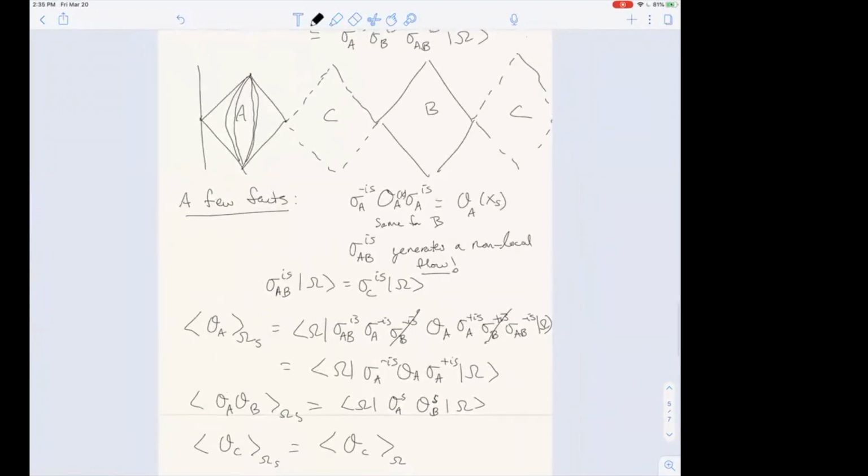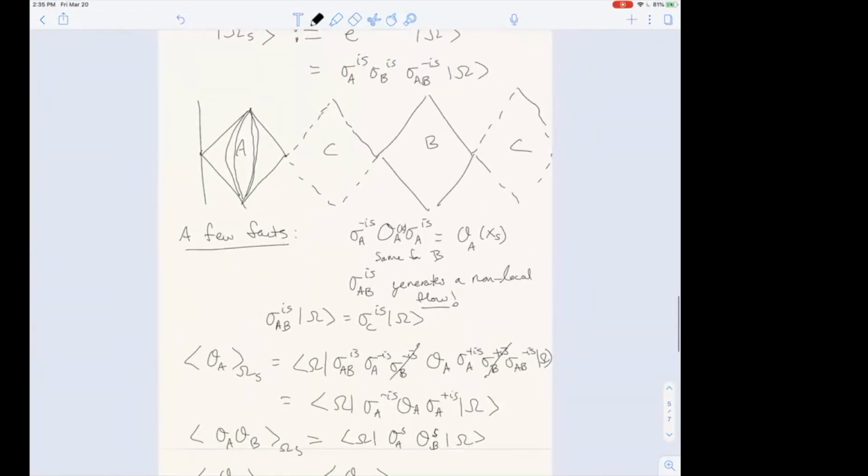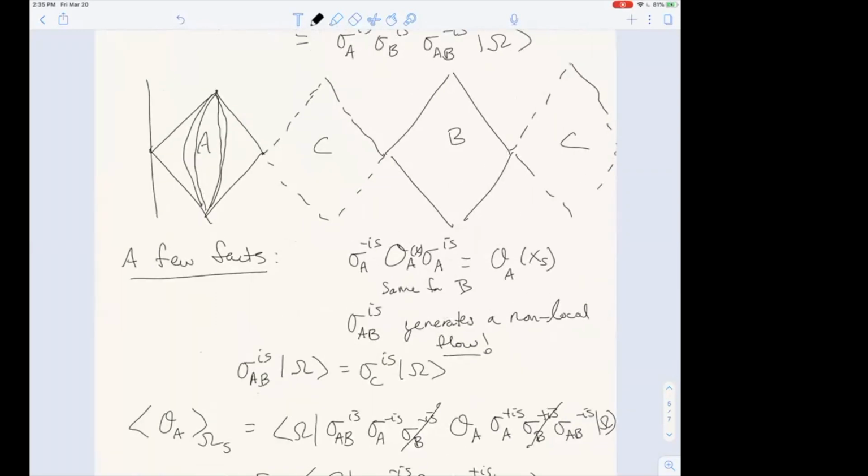So that means this state, going back up here, is just doing boosts in either region and leaving everything else unchanged in C. Now, I should say when I mean everything else, I mean everything in these causal diamonds for C is unchanged. Up here in these regions, all hell can break loose.